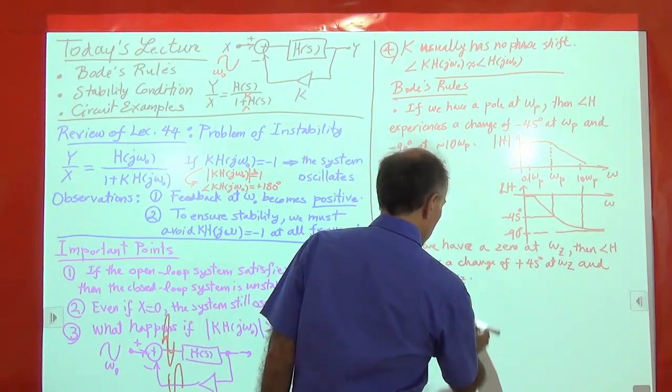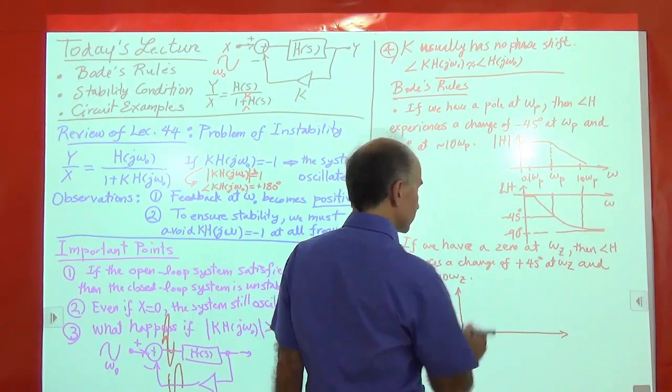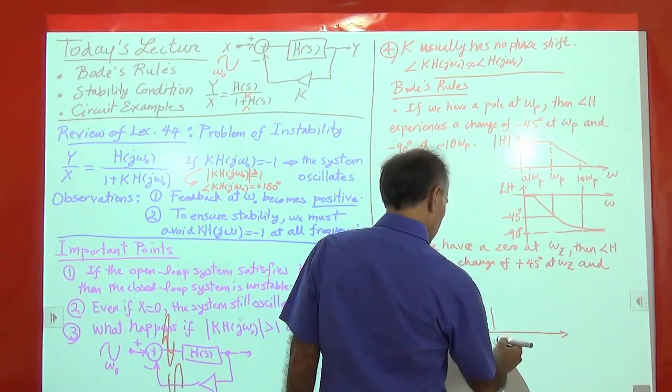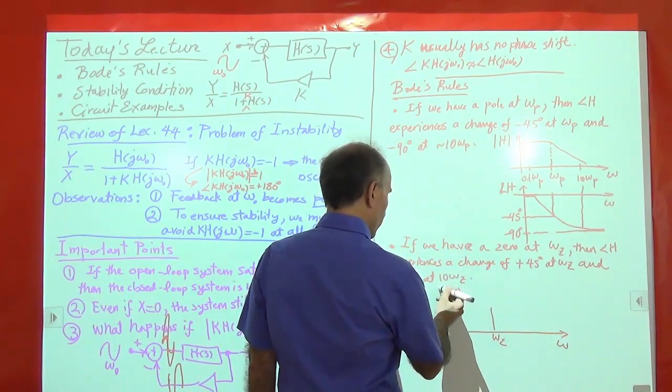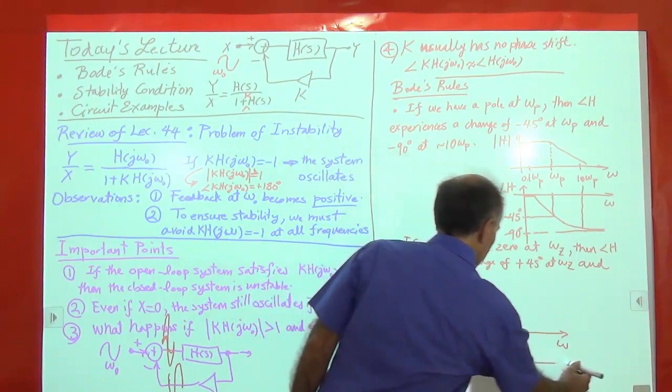Okay, so let's say there's a system that has a single zero. We just have a zero. So here's a zero, omega z, omega. So I will plot the magnitude and the phase.